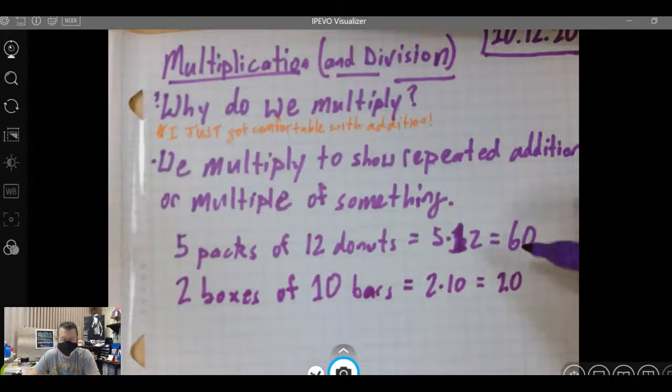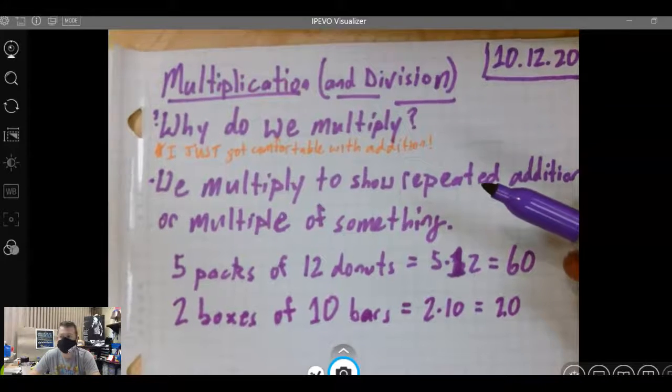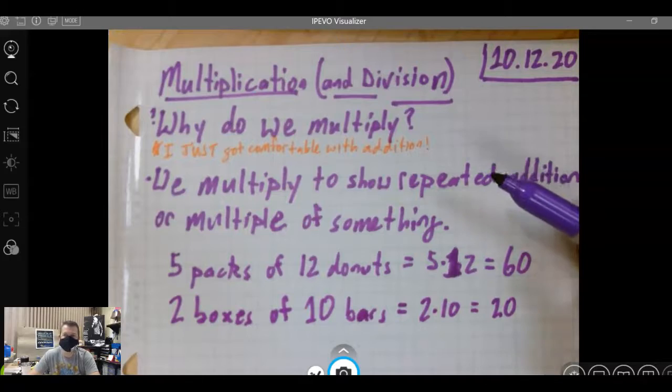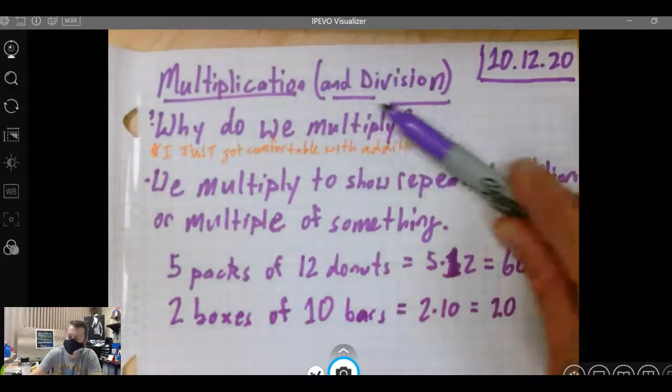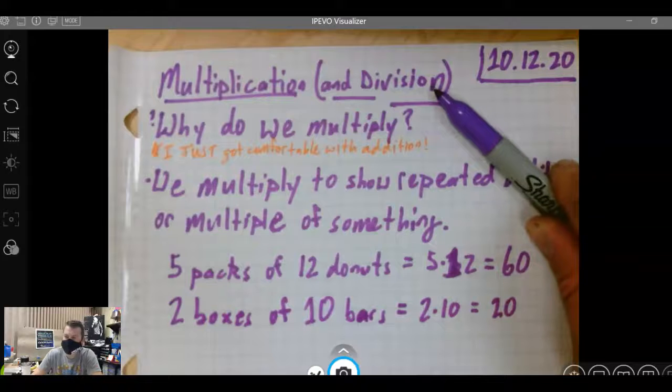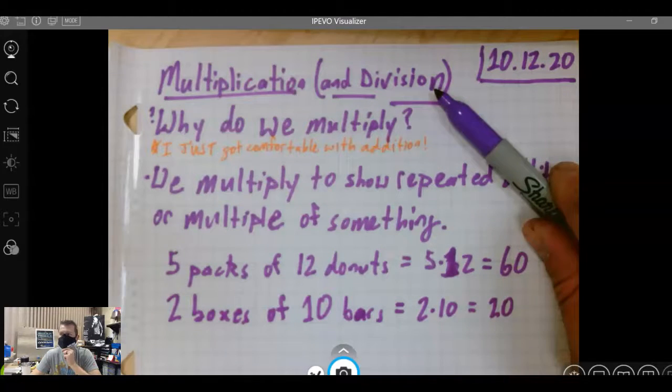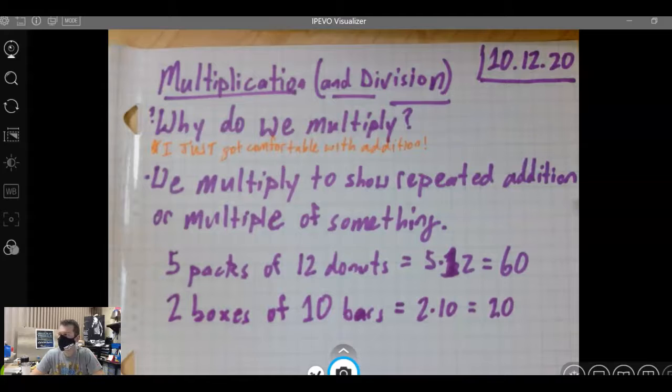Now, before we move on too far, I'd be remiss, which is a fun word for regretful, if I didn't talk about, up here we said multiplication and division. Can anyone remember what I've said about how division relates to multiplication? Similar to subtraction to addition.